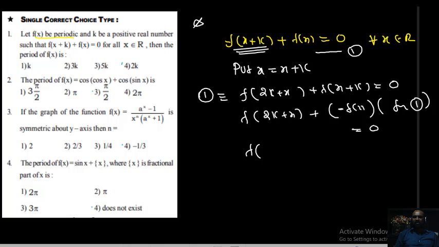What happened? f(2k + x) = f(x). Now I got the required result.